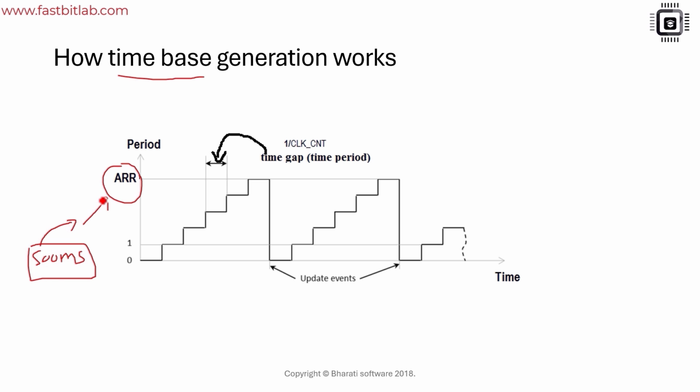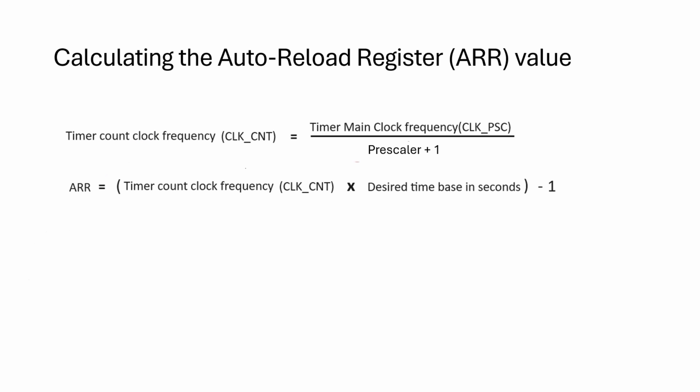That's what we call the ARR value, so that you can program or put that number in the ARR register. Let's see how to convert the time-based value like 500 milliseconds to an ARR value, that is, the auto reload register value. Here is a formula to convert the desired time base in seconds into the ARR value.